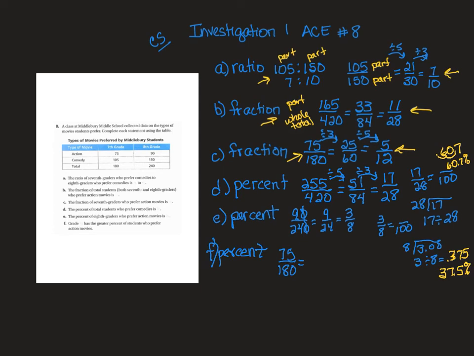And I'm going to divide that by 3, and I'm going to get 25 over 60. And now I'm going to divide it by 5, and that is going to be 5/12. So to be clear, divided by 3, divided by 5, okay, and I get 5/12.